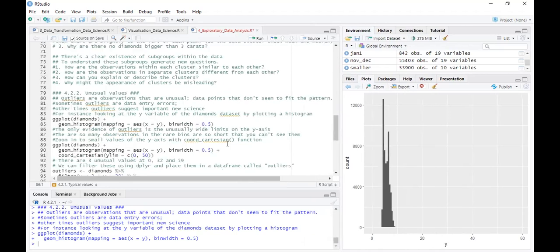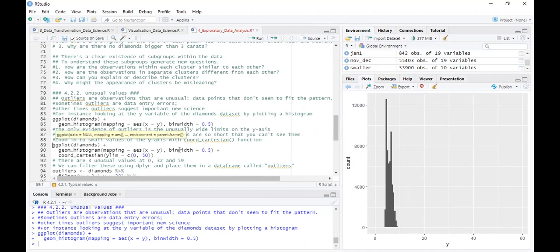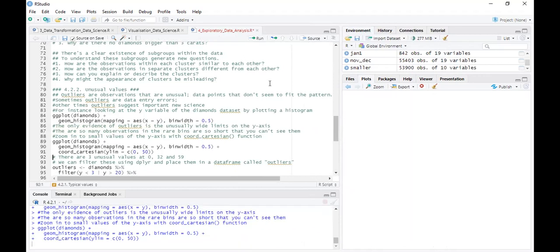Okay, so to zoom in, use the coordinates function, which you had also used in the last script for visualization. And I am just changing the bin width to 0.5, so that it can zoom in and I can see those points a little easier.